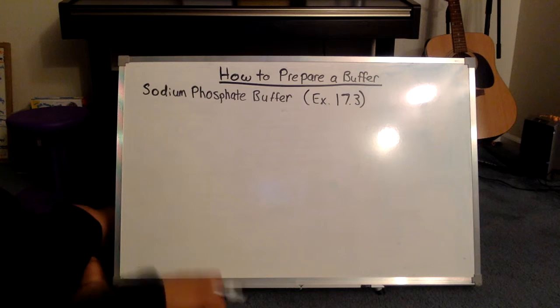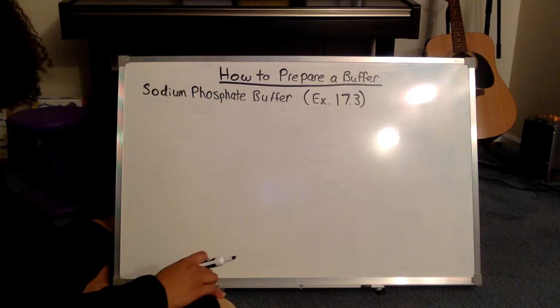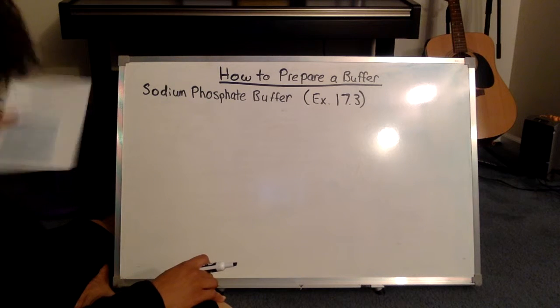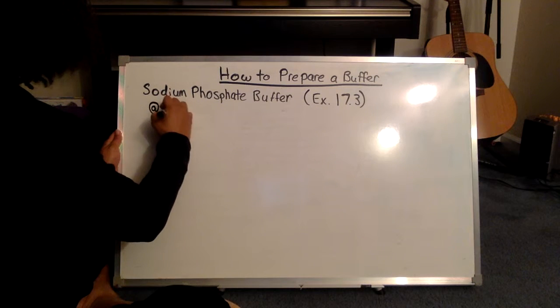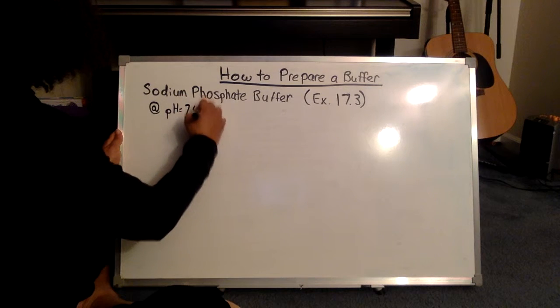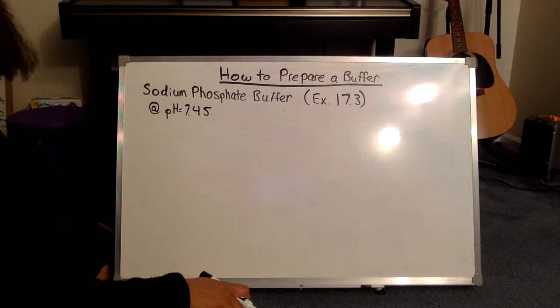All right, so the first thing that we're going to do is remind ourselves that we want to make a buffer at a certain pH. We want it to be a pH of 7.45. And this is useful because we know that this is the pH that's usually of your blood, right?